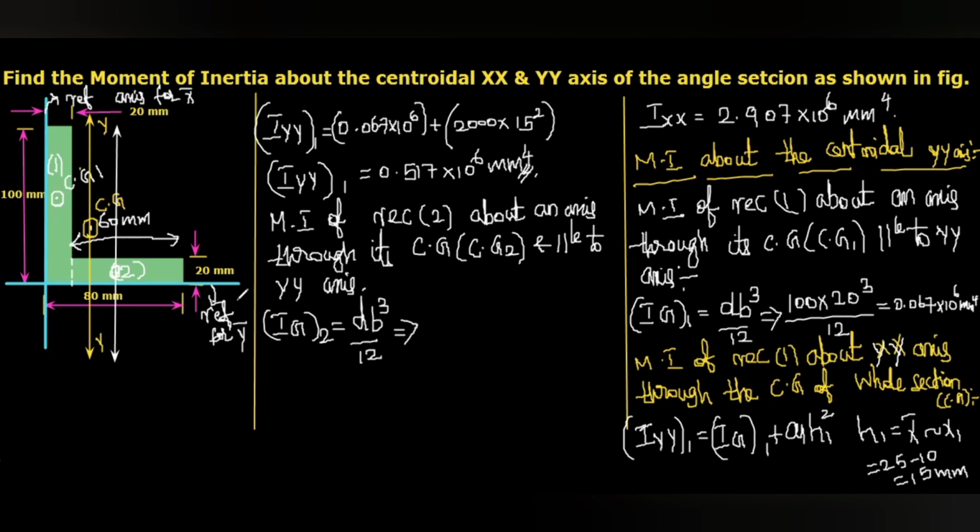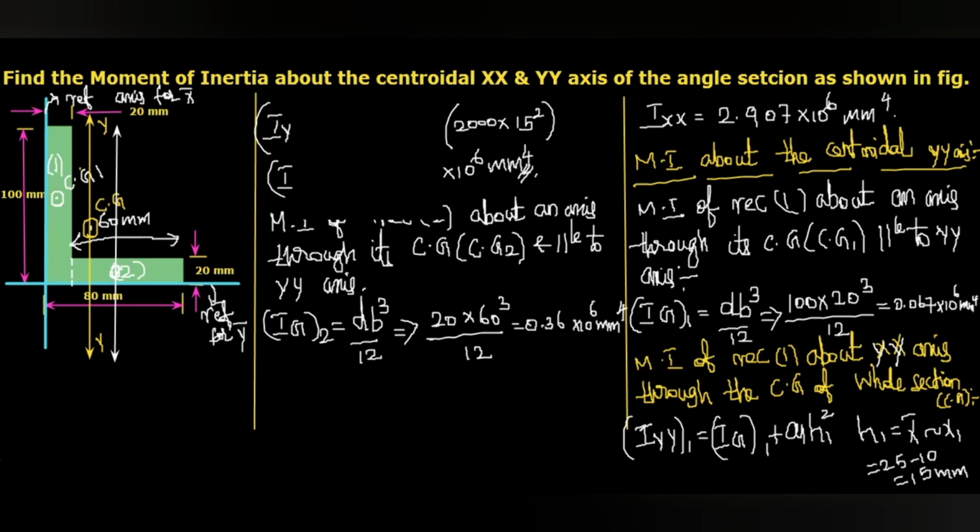But for that, the depth is 20, and the breadth or width is 60. So 20 multiplied with 60 cube divided by 12. By simplification, we will get 0.36 multiplied with 10 power 6 mm power 4.